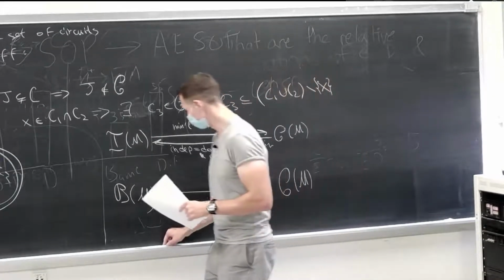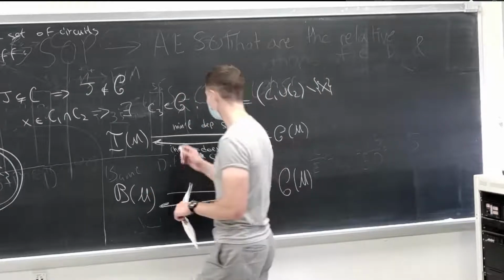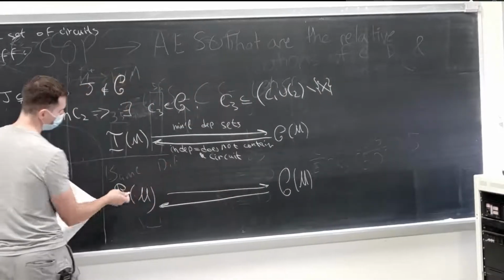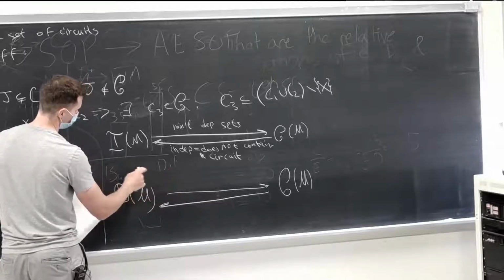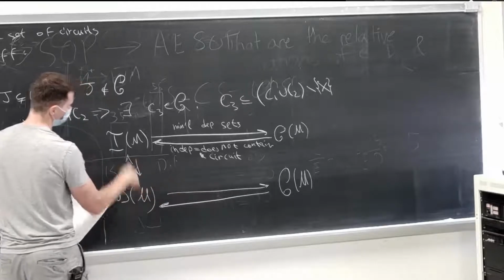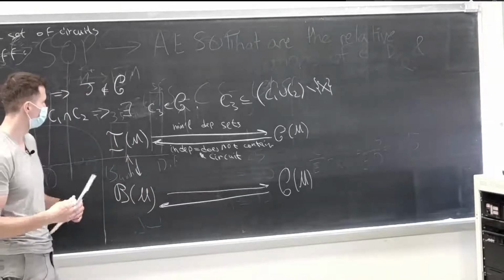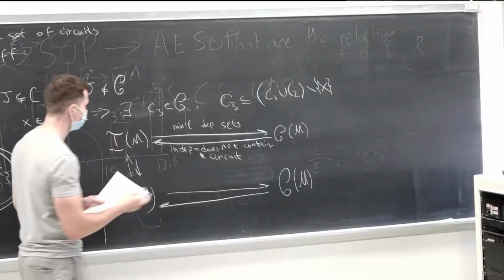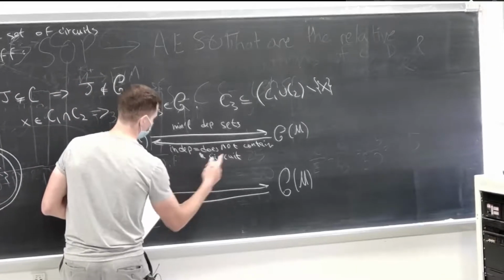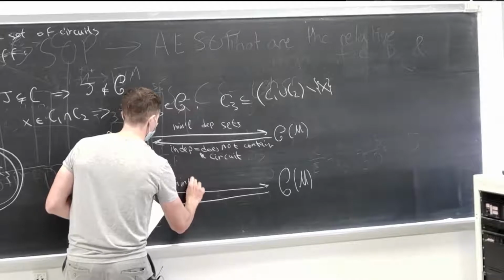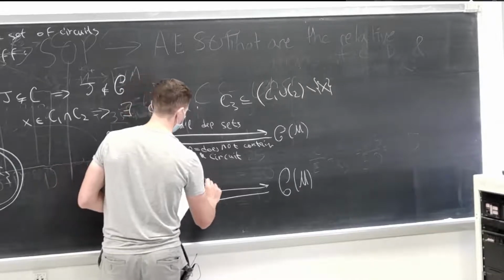Minimal sets not contained in the basis. Yeah, that's actually right. These arrows basically go through the correspondence between bases and independent sets. So a circuit is a minimal element which is not contained in a basis.